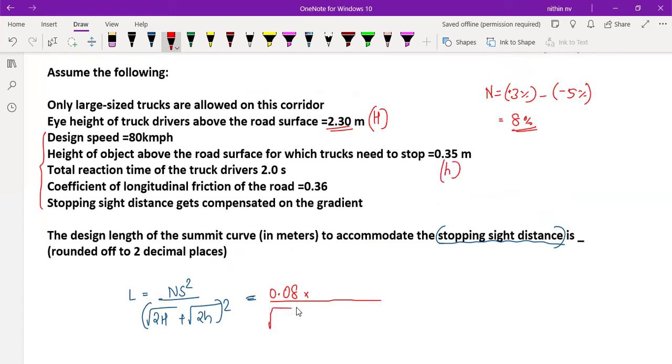So we can substitute here: square root of 2 into 2.3 plus square root of 2 into 0.35, like 0.7, like that also you can write. Just for understanding, I'm writing it completely. So, whole square. Now the only task is to calculate the stopping sight distance and substitute here. And don't forget to put the square. N S square by square root of 4.6 plus square root of 1.7, all square, like that.